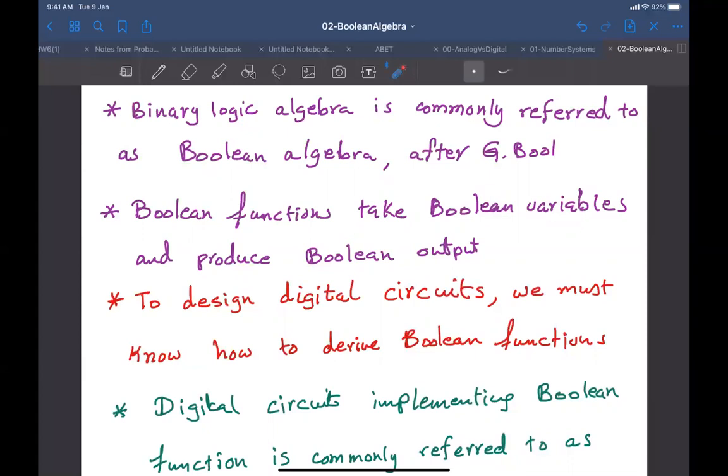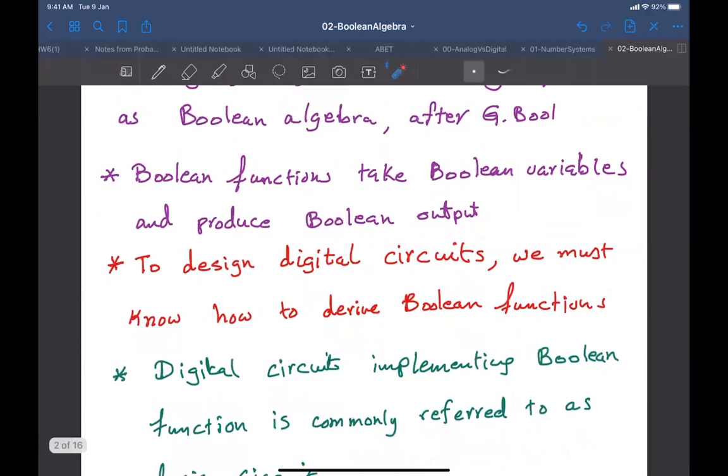Boolean functions take Boolean variables and produce Boolean outputs. To design a digital circuit, we must know how to derive Boolean functions.